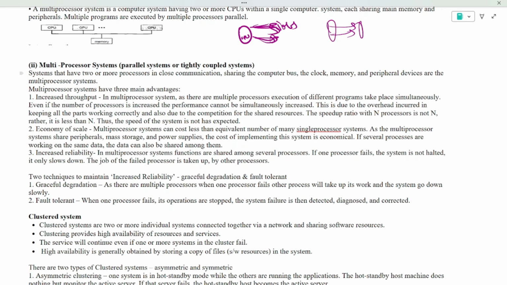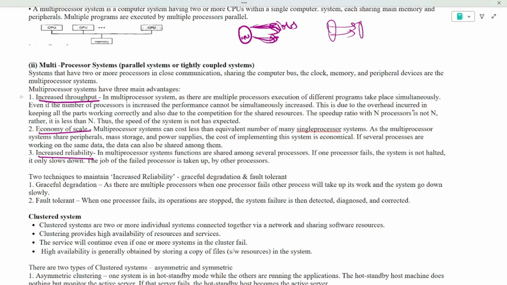If you see the advantages, this is one of the most important to remember: increased throughput, economy of scale, and increased reliability. These three points should be mentioned. Multiprocessor means many processors running different programs simultaneously.